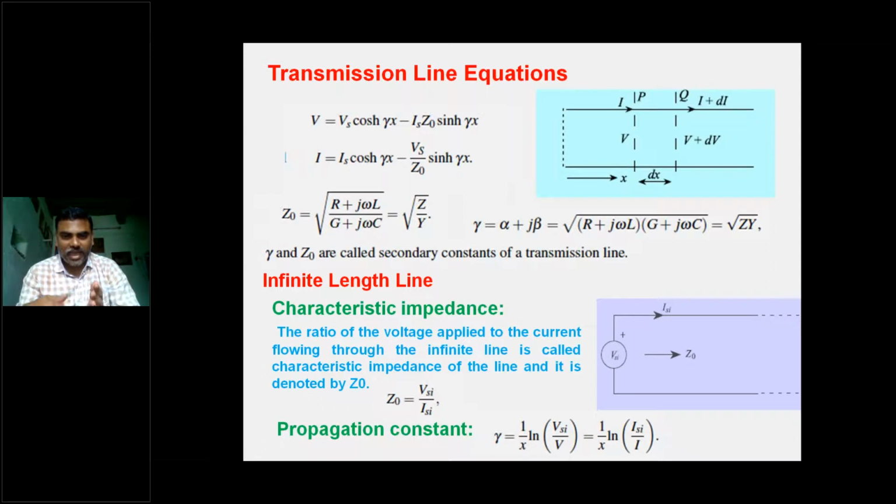Now for the infinite transmission line, the characteristic impedance is equivalent to the corresponding sending side input impedance. That's why we can call a transmission line an infinite line if the input impedance is equivalent to the characteristic impedance of the transmission line. Okay.